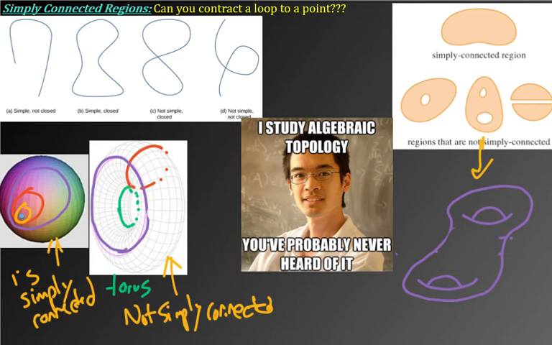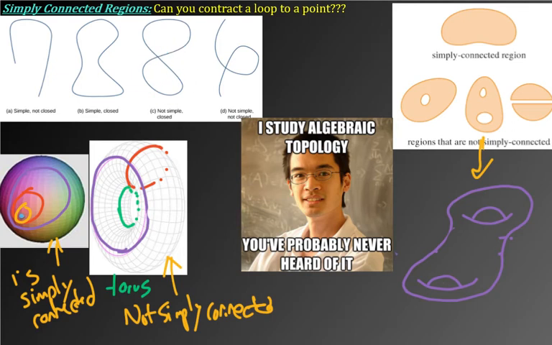So in 1D, you can do all the same stuff too. This thing right here is simple, because you could contract it and roll it back down to a point. Not closed, right, because it doesn't close up. This is also simple. It is closed, okay. Same way you can take that loop down to a point. You could shrink this thing in, and you can get it contracted to a point.